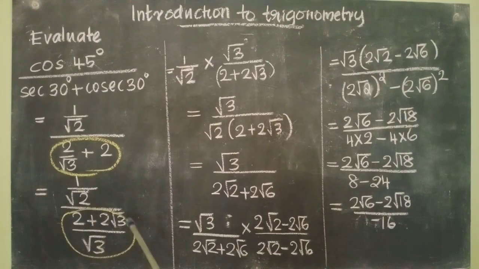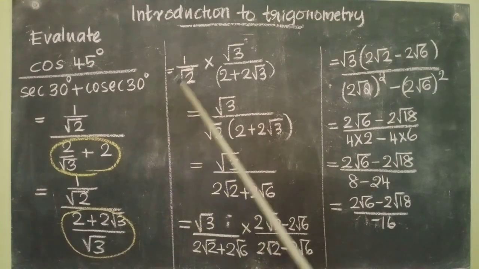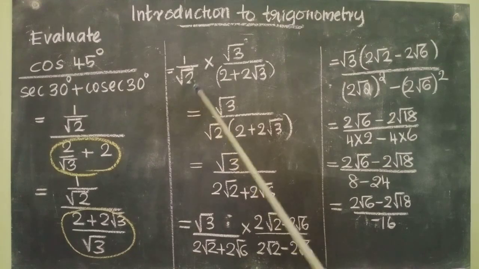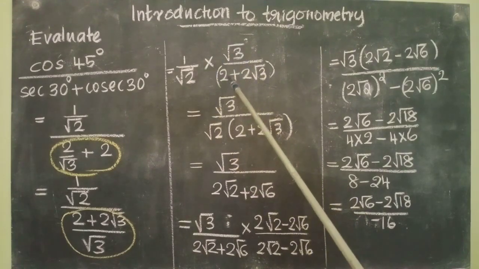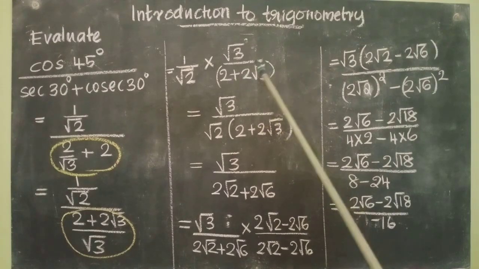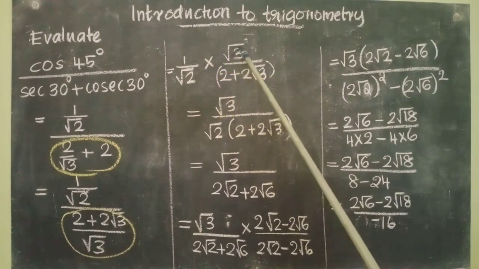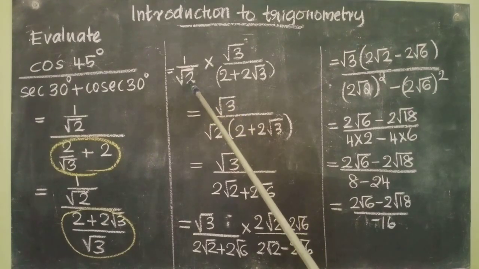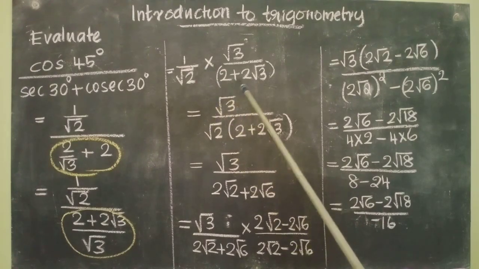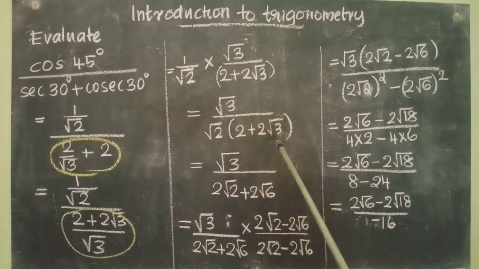Now let us multiply with the reciprocal of the denominator. We get 1 by root 2 into root 3 by (2 plus 2 root 3). So 1 into root 3, it is root 3. Then root 2 into (2 plus 2 root 3).